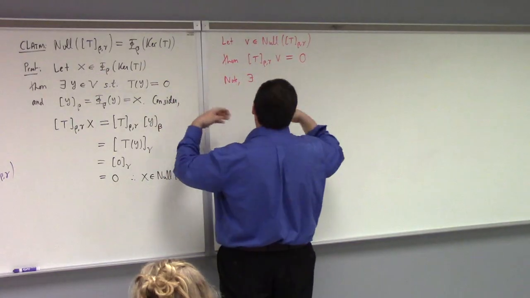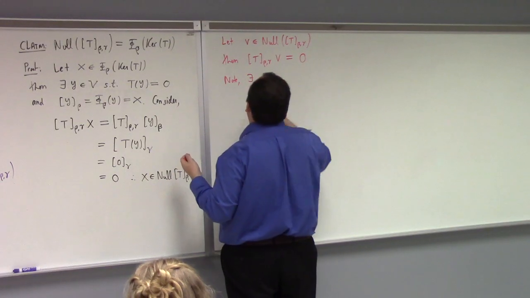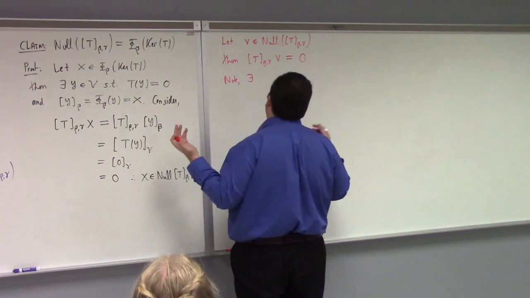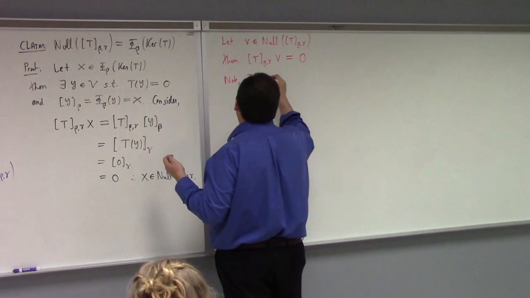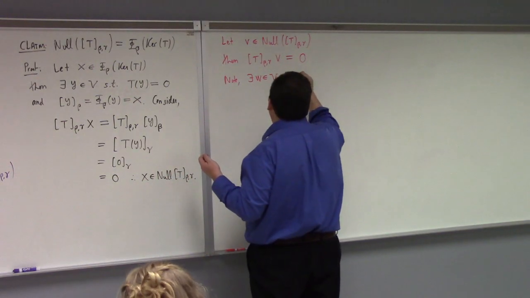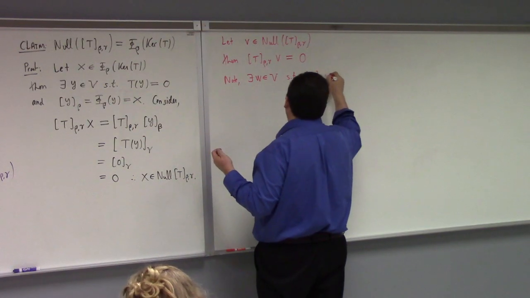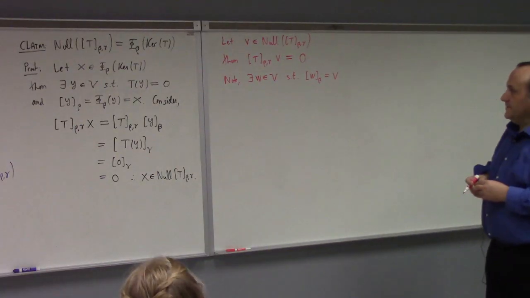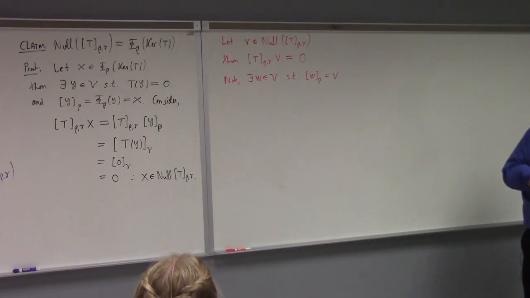Let me use some other letter. How about U? I don't like U. What do you guys want? W? U? U or W? W? All right, there exists W in V such that the coordinate vector of W with respect to the β basis is equal to V. Why is that true? The coordinate map is a surjection, right?